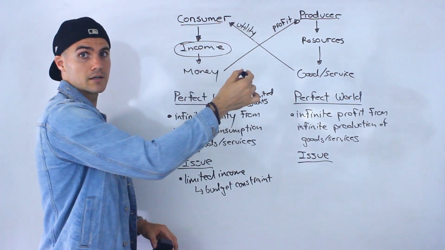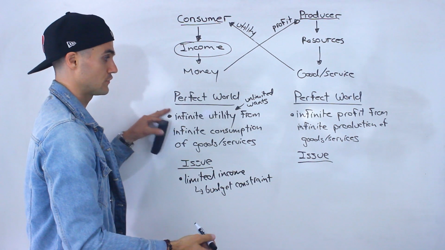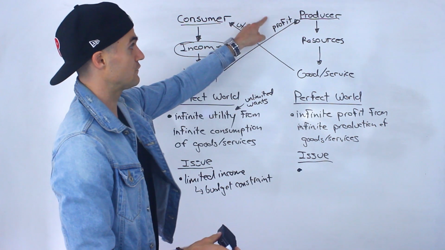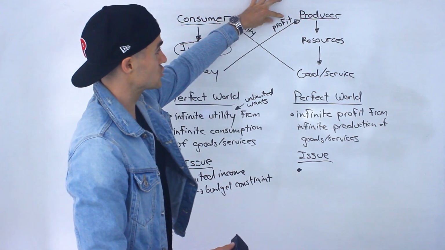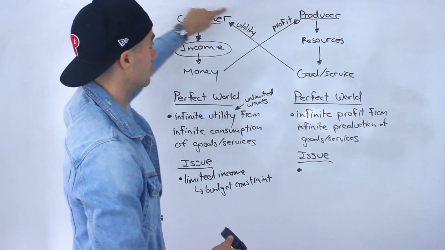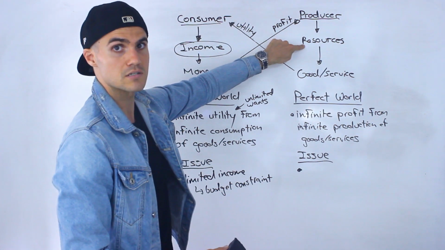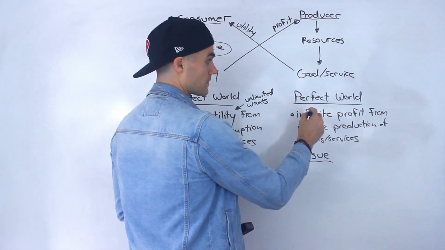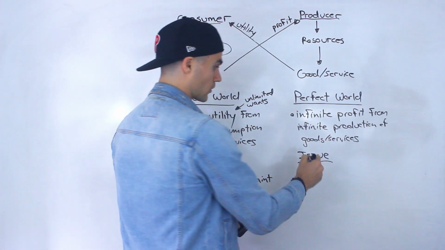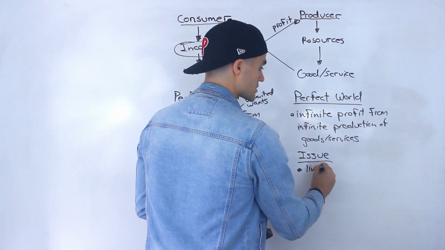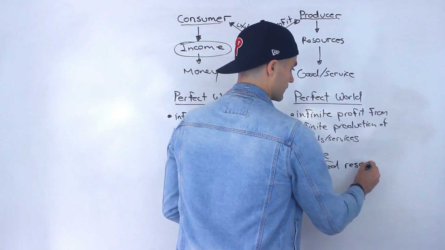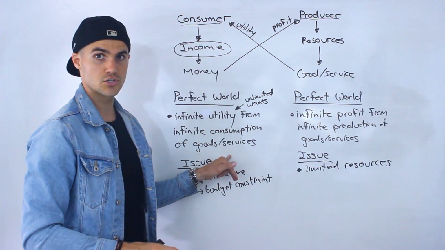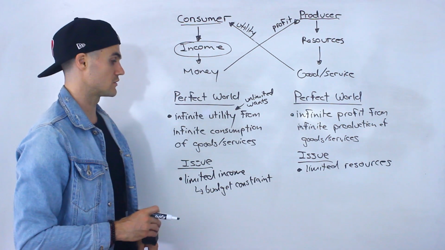So receive a limited amount of utility. They can't receive infinite utility. And then the issue for a producer of receiving this infinite profit, well, the very source of this profit, if we follow all the way, resources. That's the ultimate source of profit for a producer. And in the real world, there are limited resources. And so those are the two respective issues that consumers and producers face.